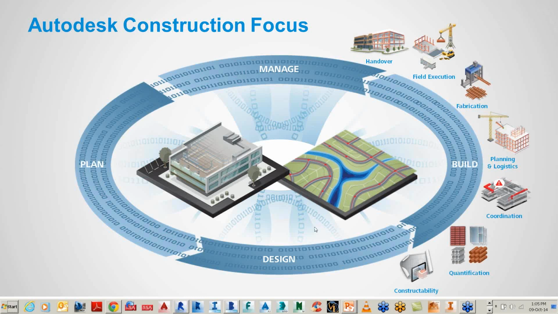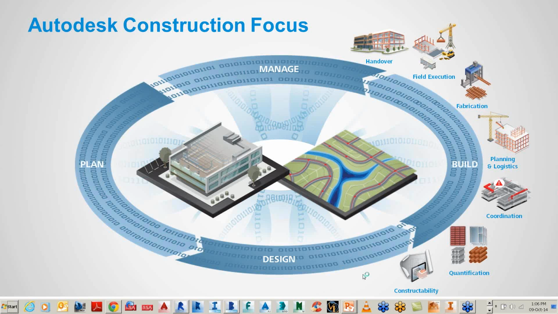You can do estimations using the quantification tools, clash detection to do coordination. So for a heavily serviced building, it's a crucial tool to have clash detection to coordinate all the services running in the ceilings. Working out our on-site planning and logistics, we have Navisworks Simulate, which allows us to link in Gantt charts to drive sequences of building components.